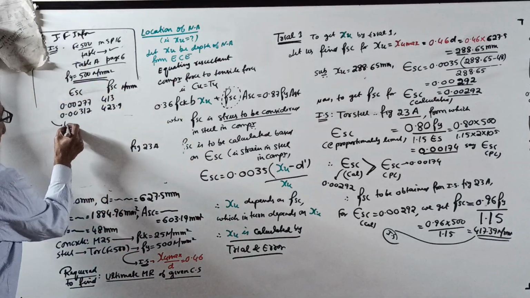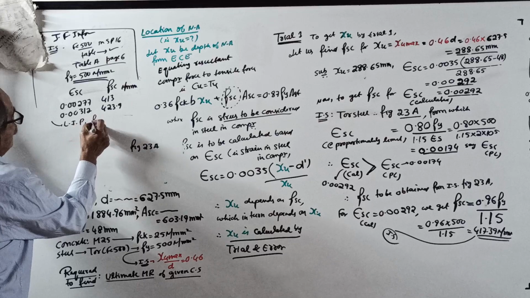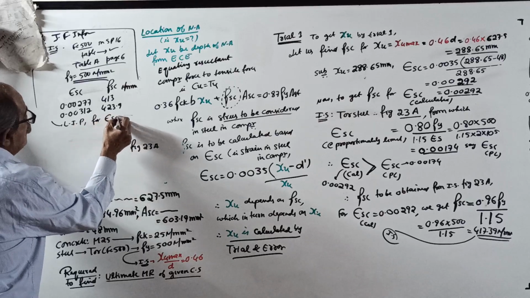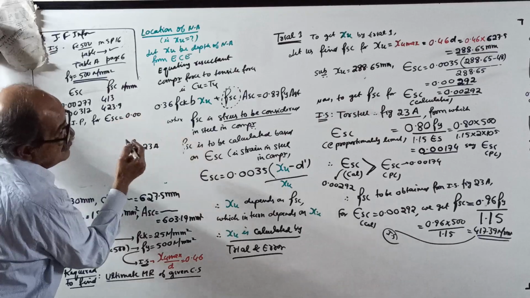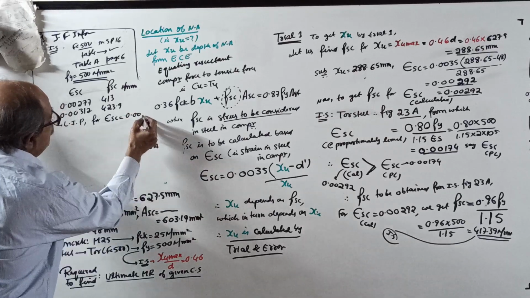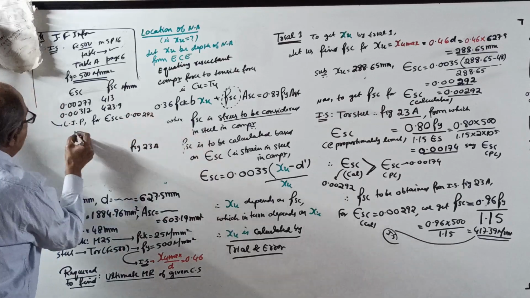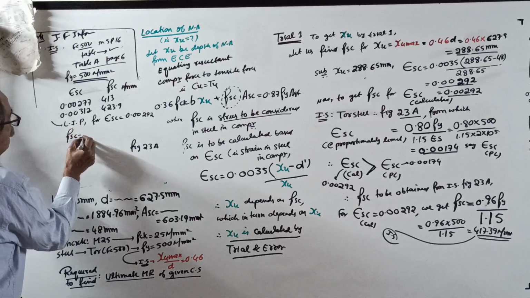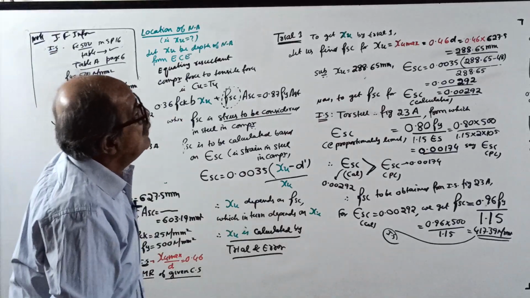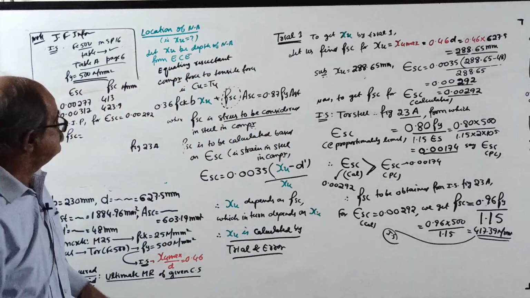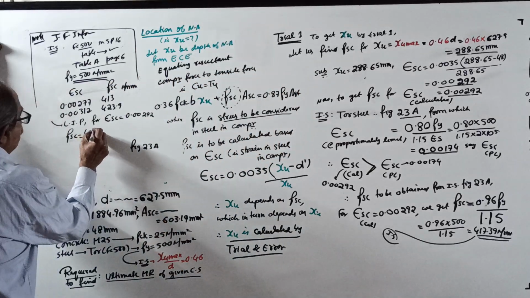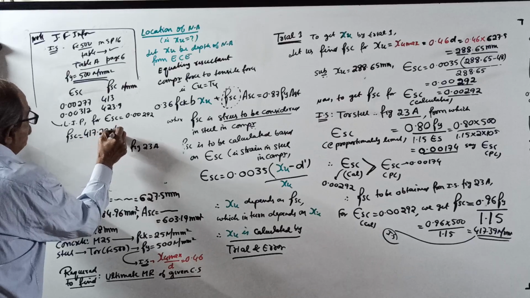Therefore, if you go for linear interpolation for epsilon SC equal to 0.00292, you will get FSC equal to, as I noted down, the SP16 value 417.29 Newton per mm square.